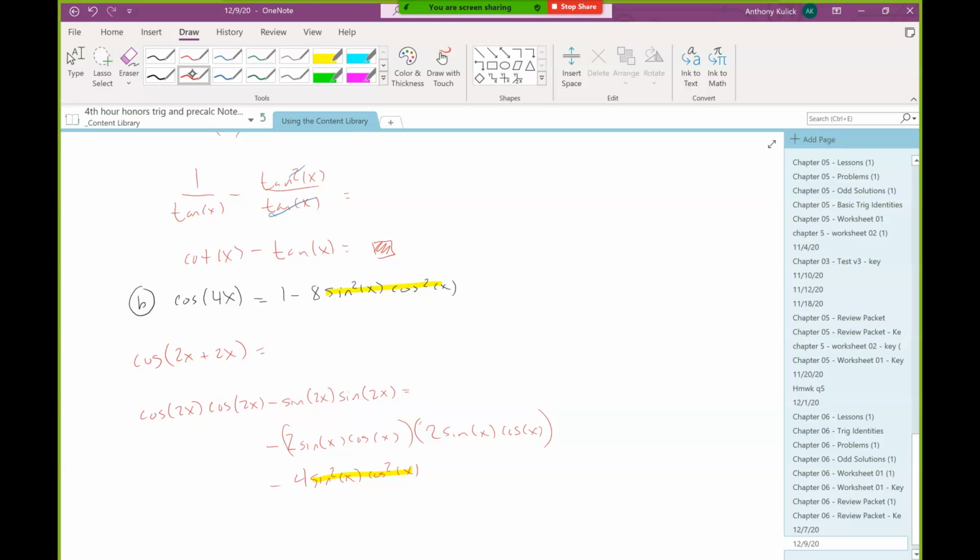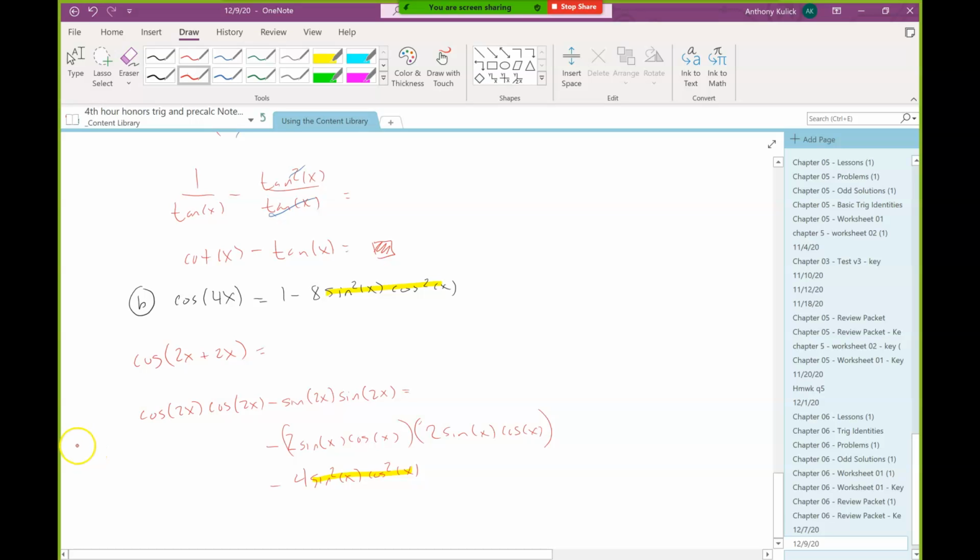I think what I'm going to need is 2 different ones, because I need something with both sine squared and cosine squared in them, and I need that 1. So if I look back, I want to make sure I get my signs right on this.